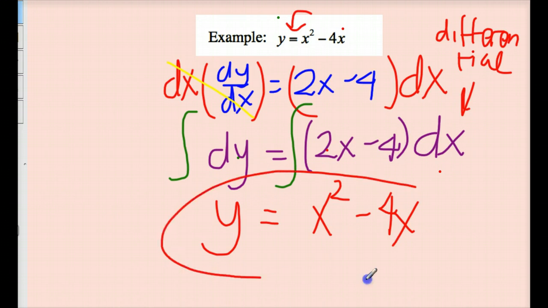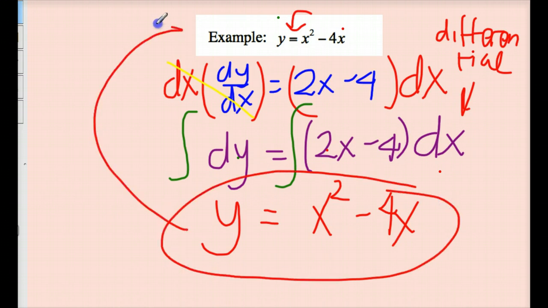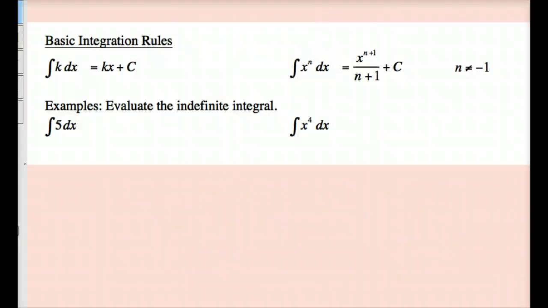So if you notice, an antiderivative is doing the opposite of what we did to get the derivative. So there are a couple of rules that we'll use instead of thinking, okay, well, where did this come from? There's patterns that we found, and so I have a couple of rules for you to take a look at. The first one is the constant rule. So if you notice, I have the integral of k, where k is a constant.